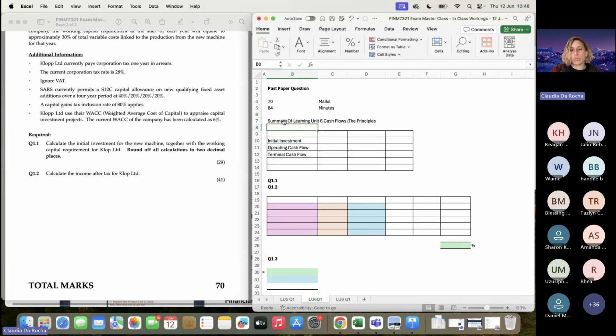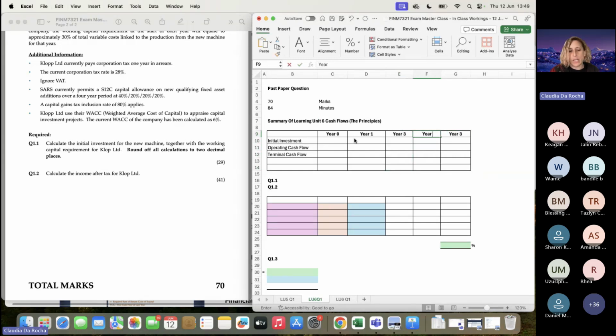So, the principles of what we do with these cash flows. A question will have various years. It really depends.